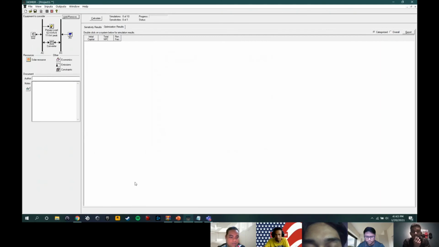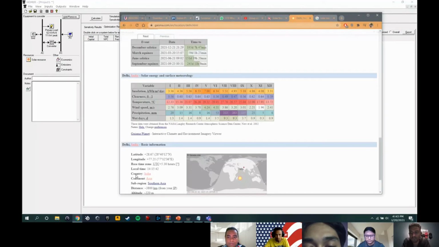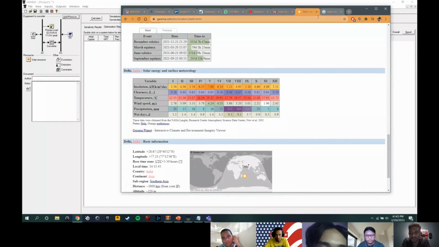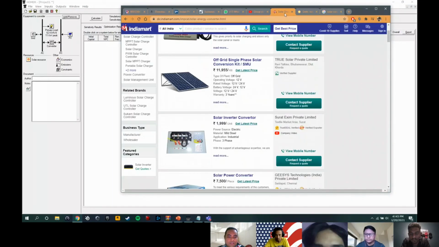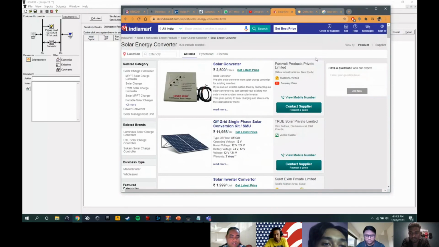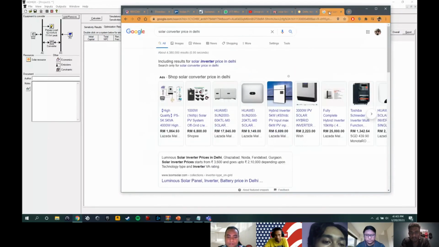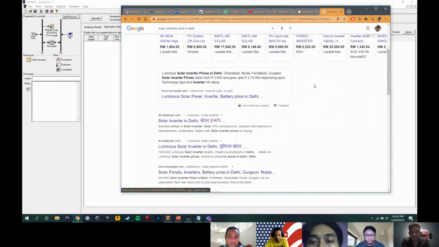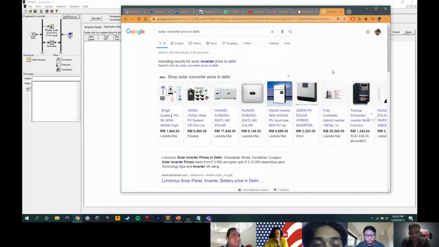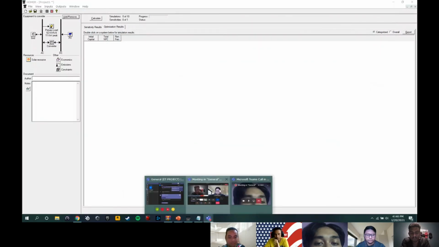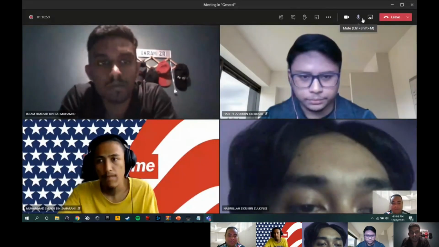We are also currently searching for the price of the converter and PV, the value it charges for every 1 kWh. That is all, Shukri, for our submission.